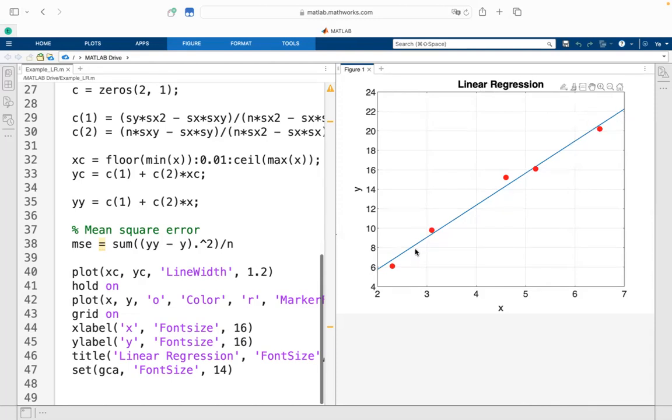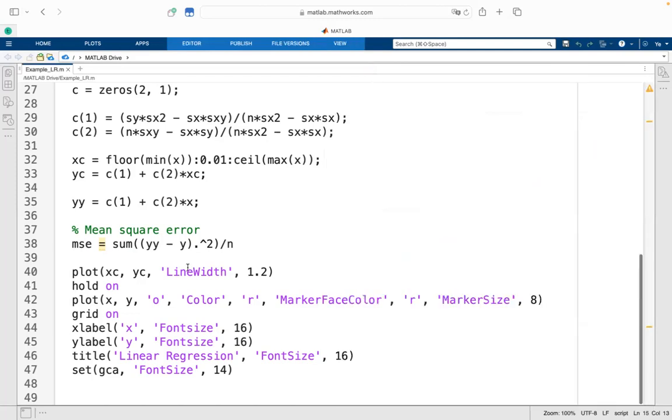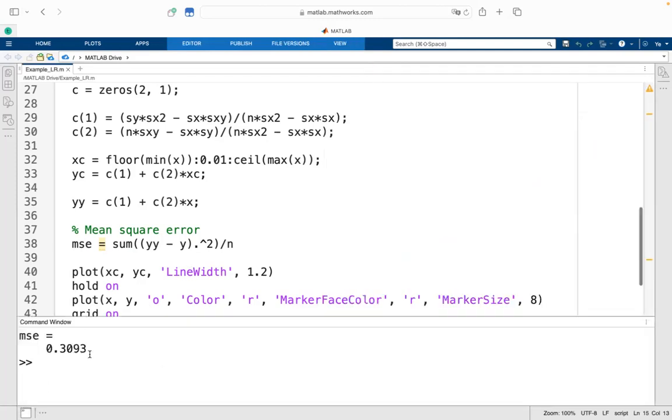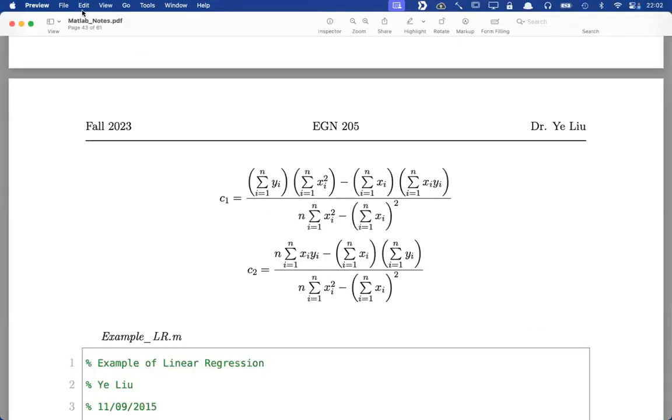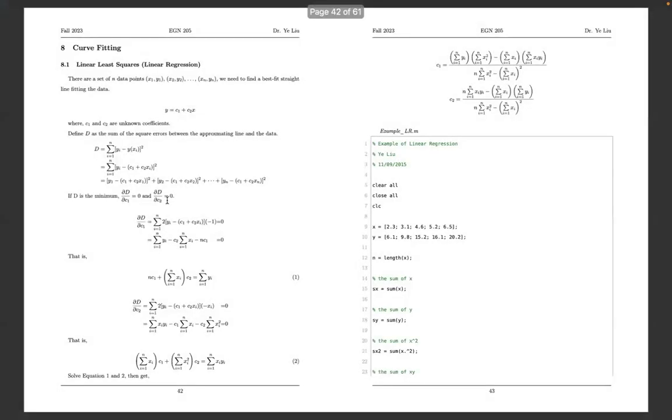We get a straight line approximating the original data. Then you can go here, so you can see the mean square error, and this is very small, 0.309. Okay, go back here. So this is the example.